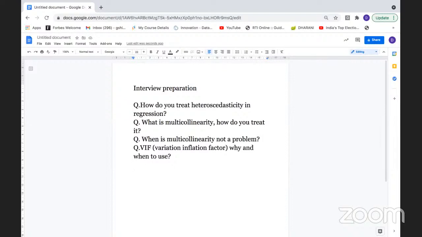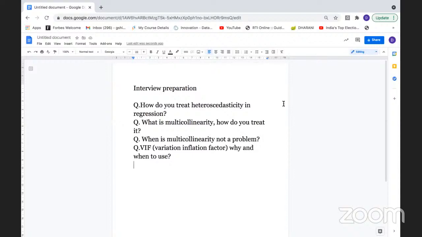It will measure how much the variance. When we say variance, it is nothing but the square of the estimate's standard deviation. So how much the variance of an estimated regression coefficient is increased because of collinearity. That is what VIF measures.